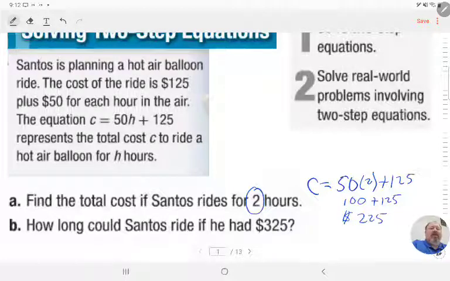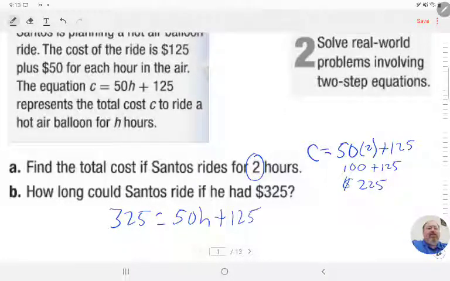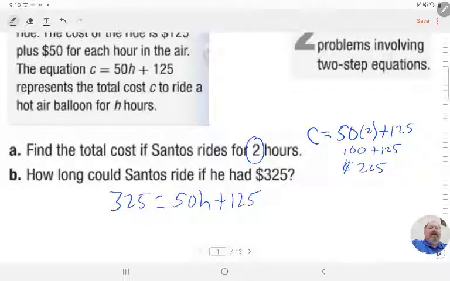cost for 2 hours. Now, how long would Santos ride if he had $325? You would take that as the total, and so then it would be 50H plus 125. Well, this is what we're going to look at today on how to solve these types of problems.